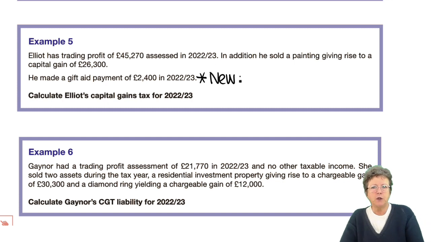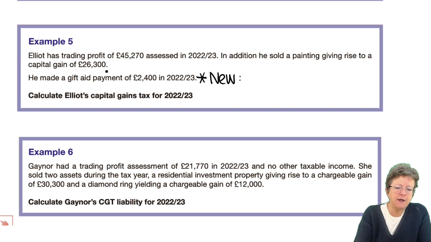So what I'd like you to do now is just pause my lecture for a couple of minutes and have a go at setting up the pro forma and working out how much basic rate band there is left, given the fact that there's a gift aid payment.